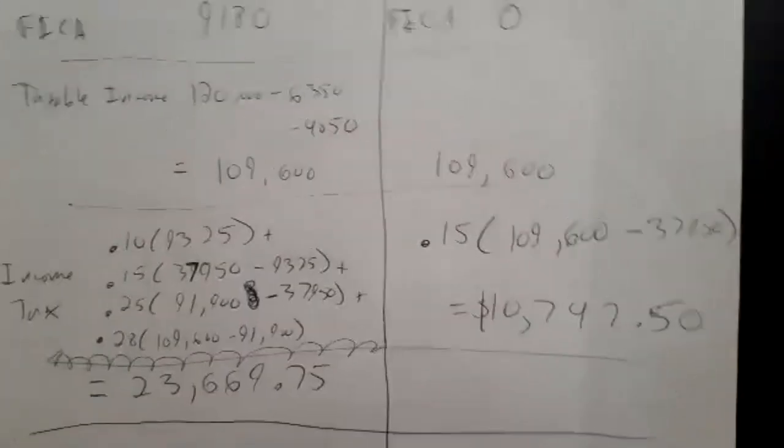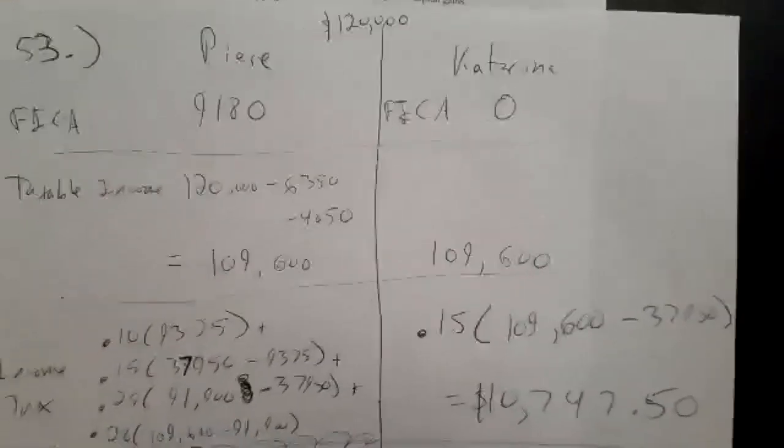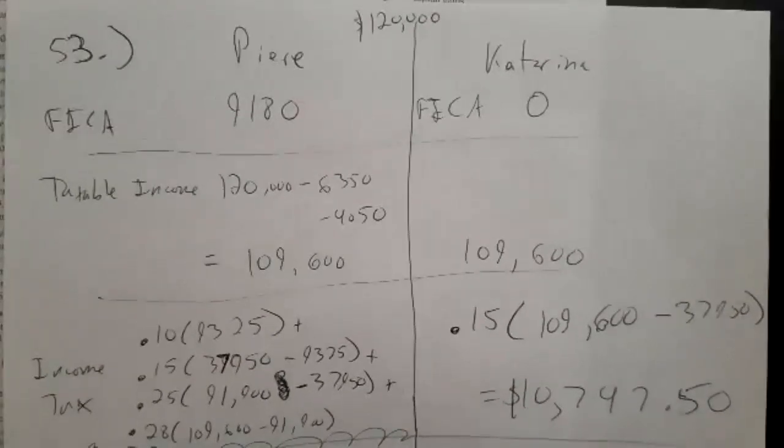Okay, so this is 53. So the first thing, maybe to take away from this problem, is that if you're making all your stuff in capital gains, you don't have to pay anything for FICA. The next thing is to define taxable income. I guess we're taking away the standard deduction and the exemption.